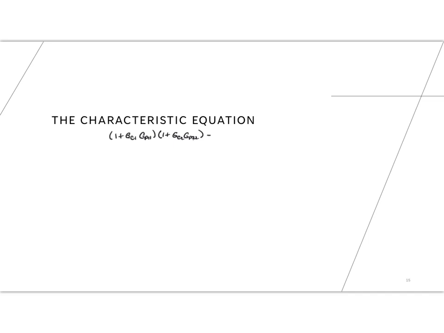Then minus the controller for U1 times the controller for U2 times GP12 GP21. This is where that little secret inner loop comes in and gets us. This equals 0, and this is our characteristic equation.